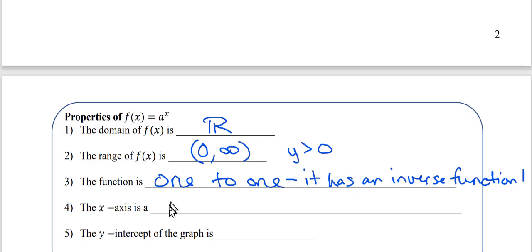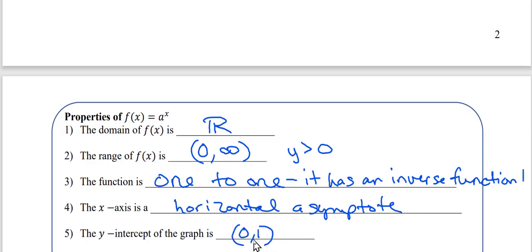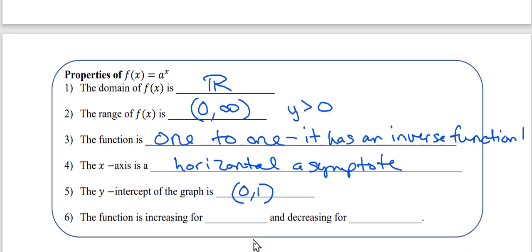The x-axis is a horizontal asymptote. We already talked about that. And the y-intercept of this particular function, with no shifts, no stretches, no transformations, will always be (0, 1), because when you plug in 0 for x, anything to the 0 power is 1.